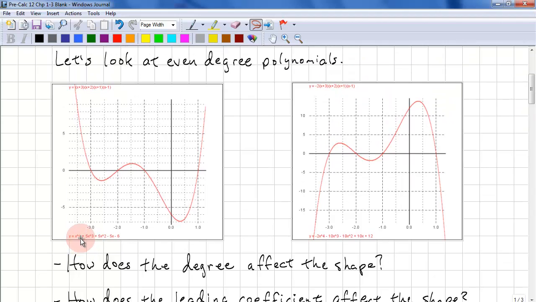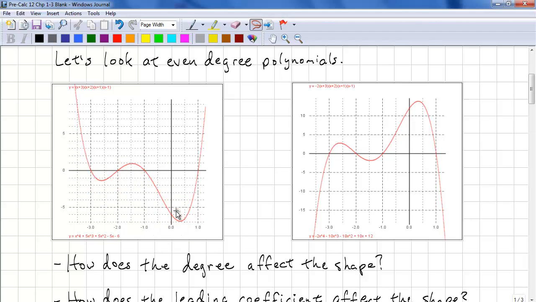Let's start out by looking at some even degree polynomials. Here we have a quartic and another quartic, but let's look at it in factored form because it's a little bit easier. We have x plus 3, x plus 2, x plus 1, x minus 1. So that's 4 intercepts. Here's another quartic, and let's look at the shape. These are called valleys and hills.